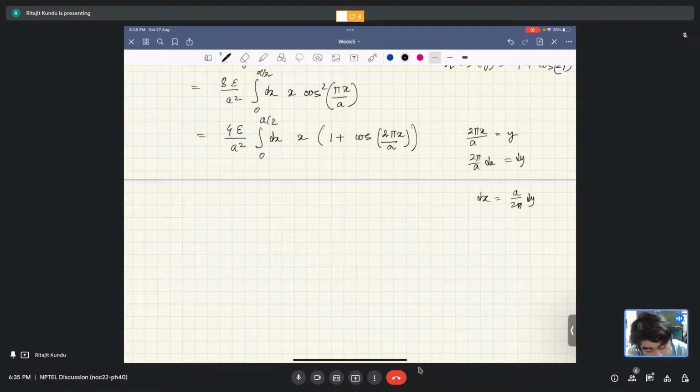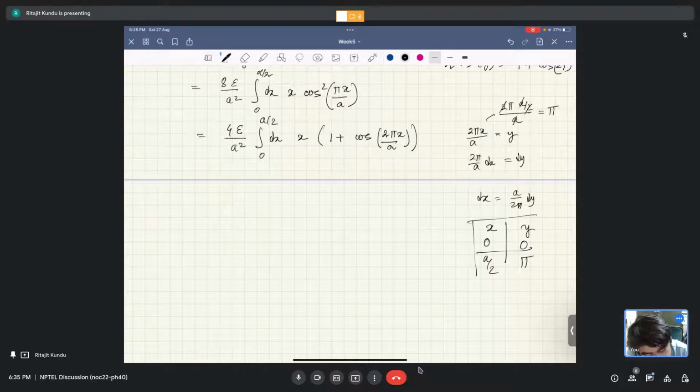Let's look at the limits. x has the limits 0 to a by 2. Whenever x is 0, y also becomes 0. Whenever x is a by 2, it becomes 2 pi a by 2 and a. The a from bottom and top cancel, and 2 and 2 cancel, so this becomes just pi. So these are my two limits of y.